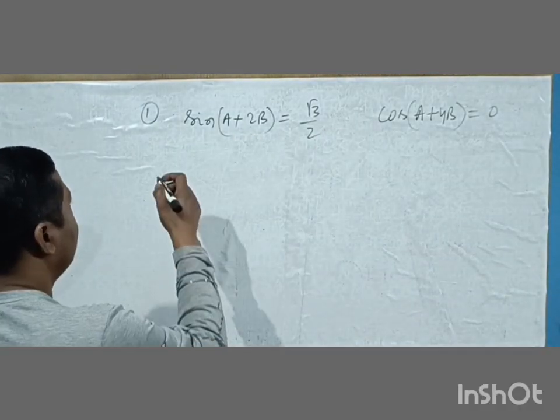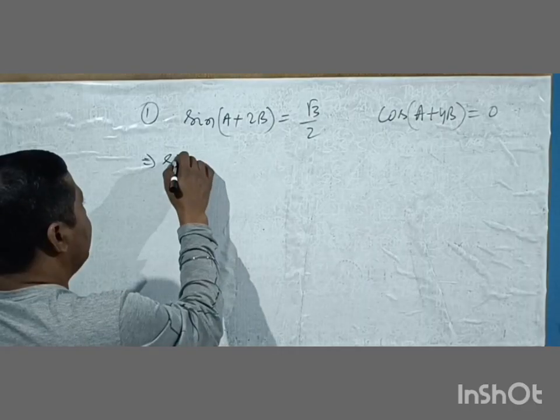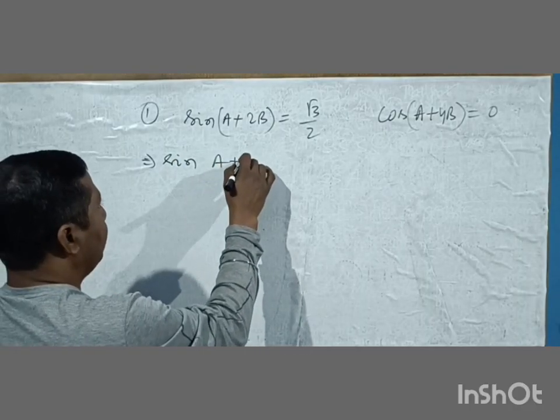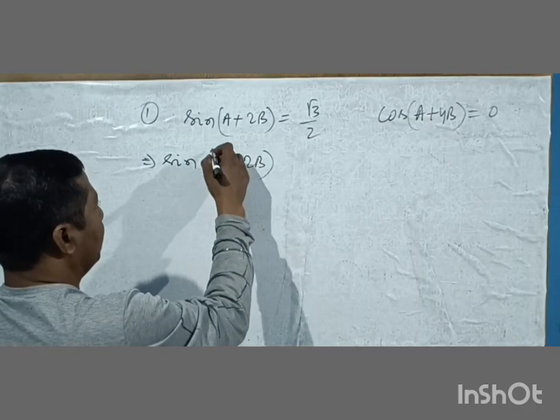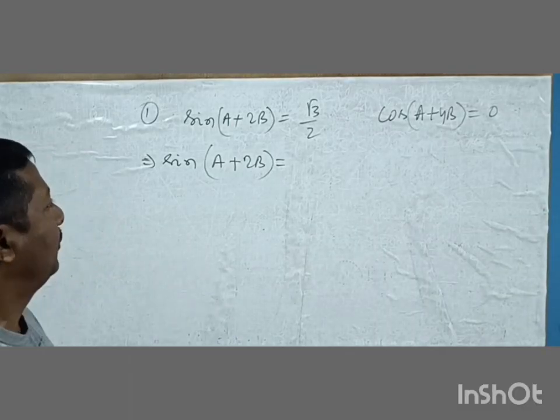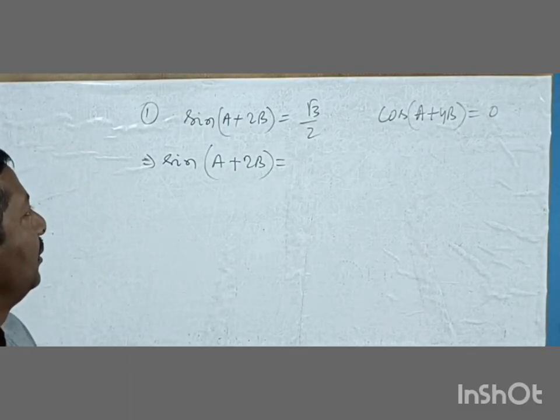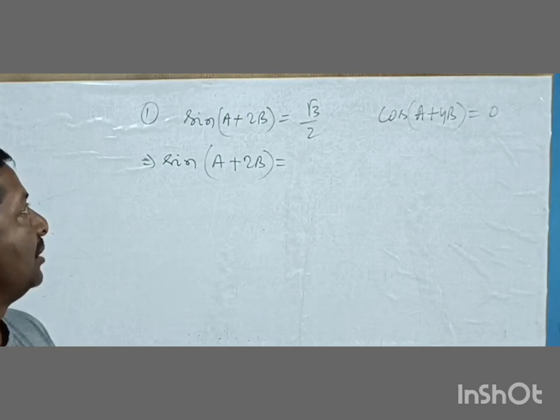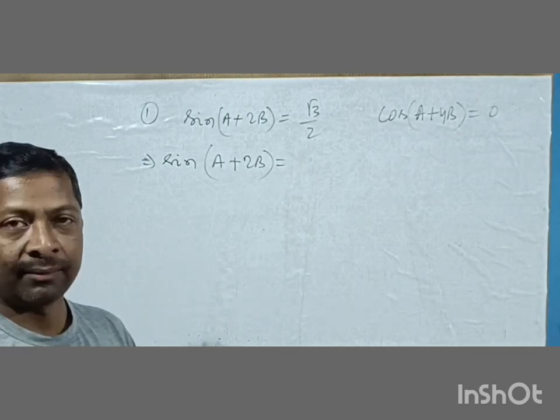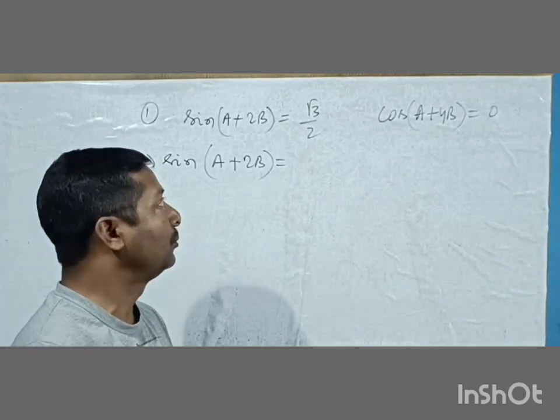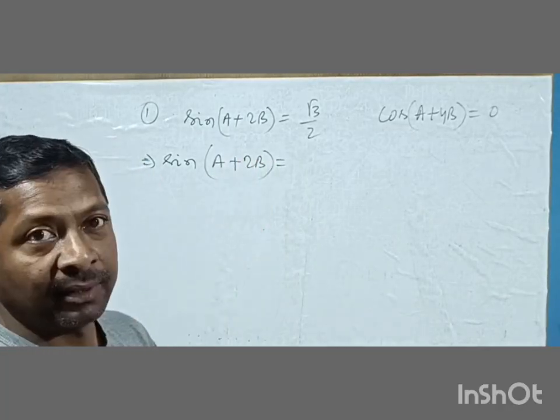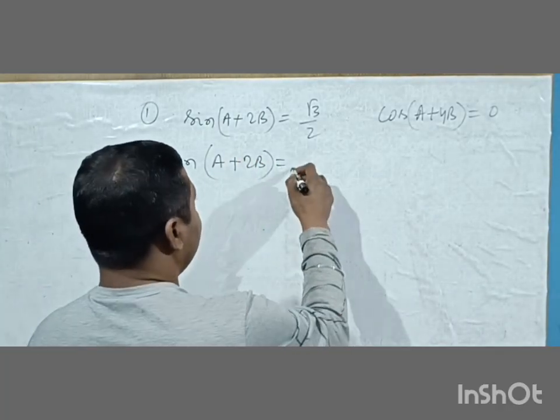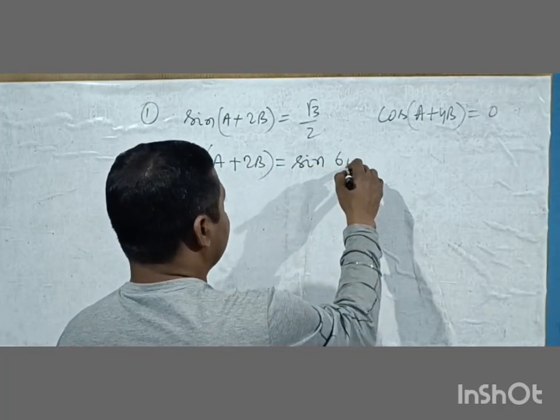So this is sin(a + 2b), and what is the value of sine for root 3 by 2? You know, sin 0 is 0, sin 30 is half, sin 45 is 1 by root 2, and sin 60 is root 3 by 2. So I can write root 3 by 2 as sin 60.